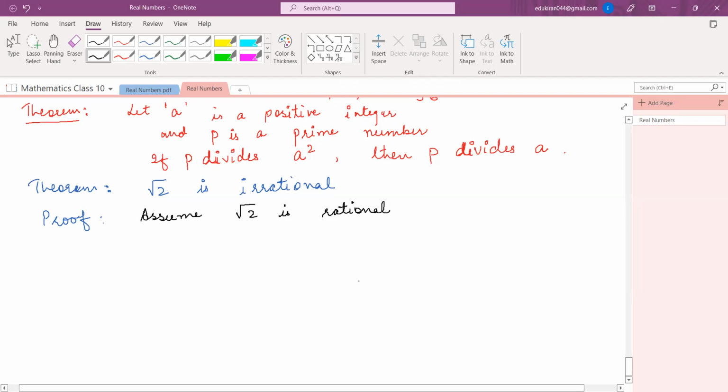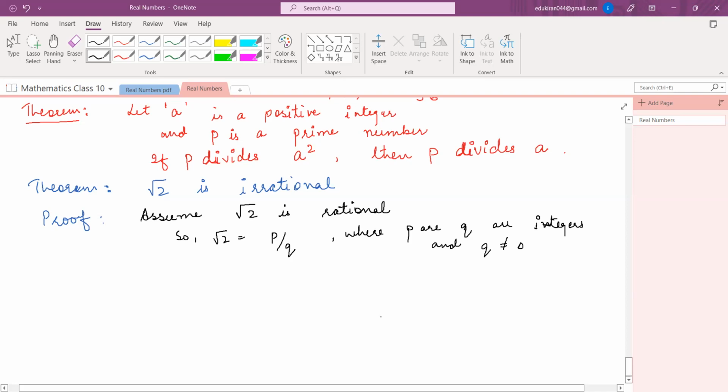Clear? Now you know any rational number is of the form p by q, isn't it? Yes, ma'am. Okay. So root 2 is equal to p by q, where p and q are integers. This you all know. p and q are integers and q is not equal to 0.